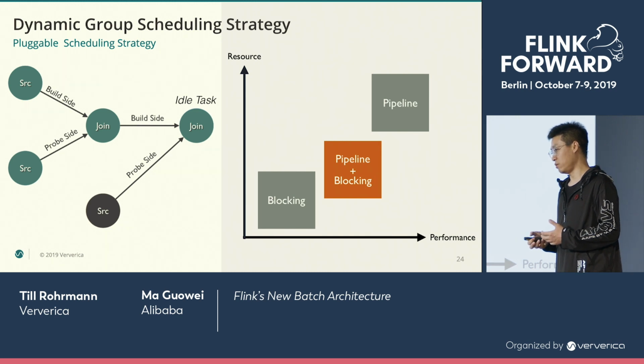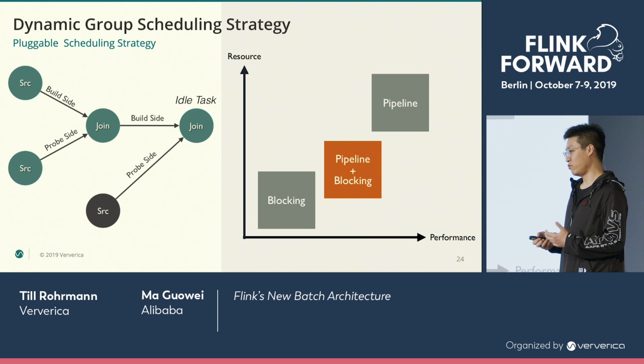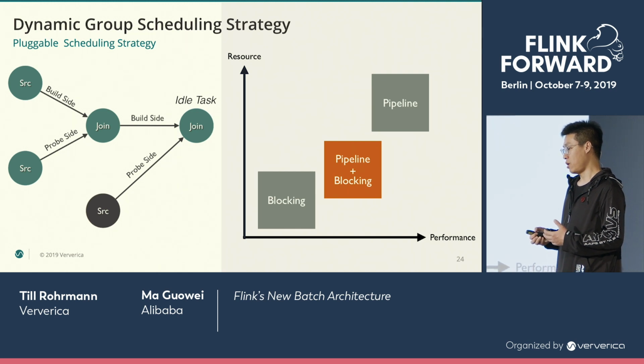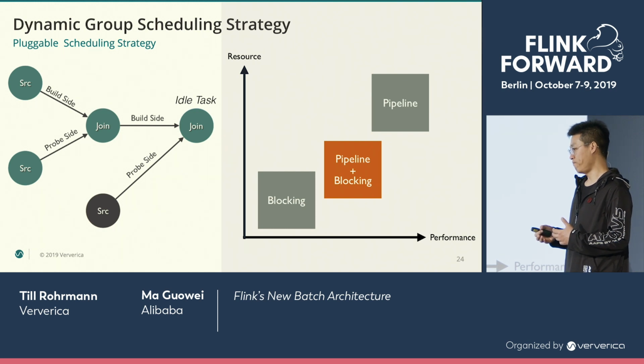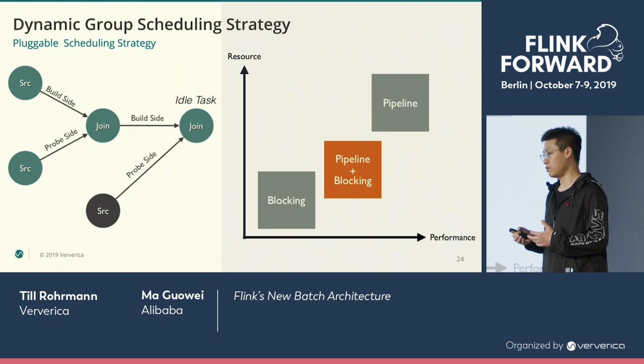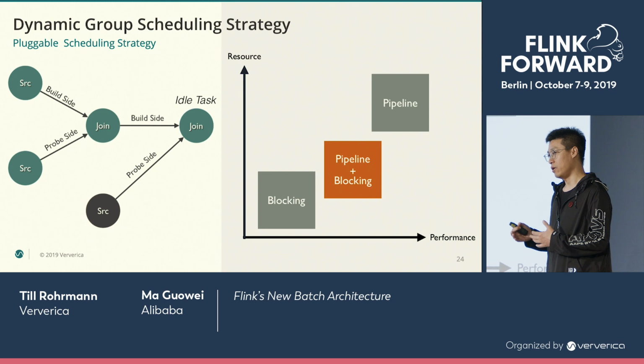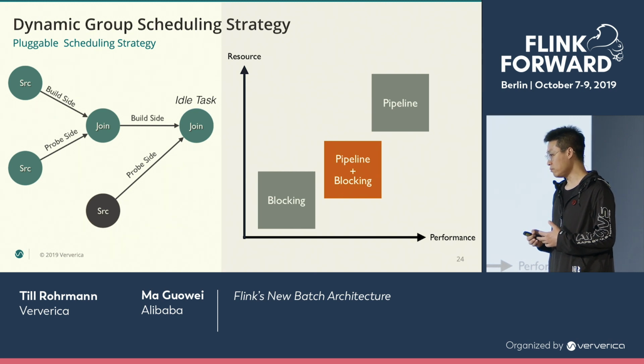One reason for this is that the lazy from source strategy only considers the input dependency. This means that if the user sets the execution mode to the pipeline mode, the job might fail owing to insufficient resources. This also means that most batch job users cannot take advantage of the benefits of the pipeline shuffle.